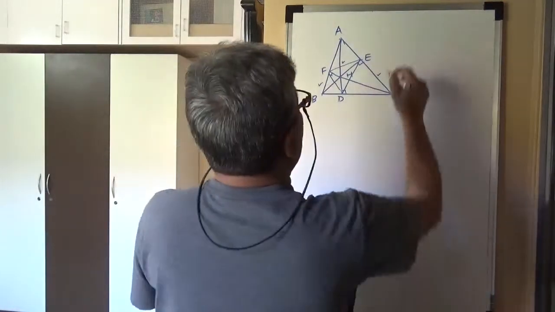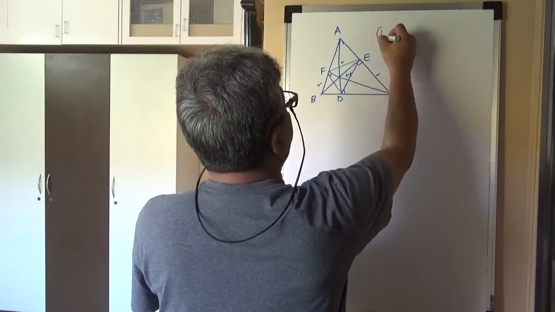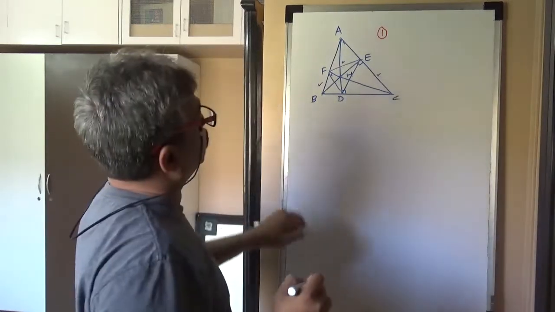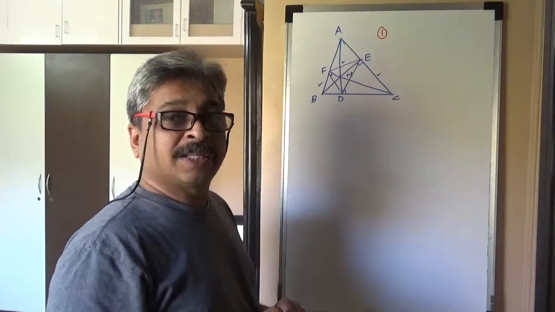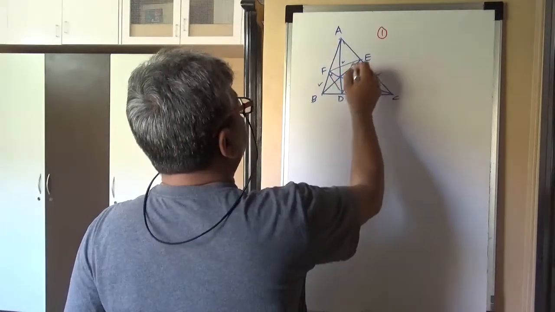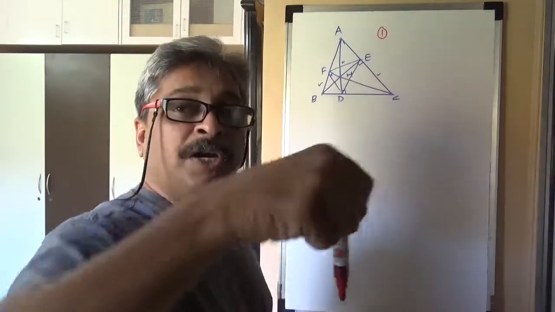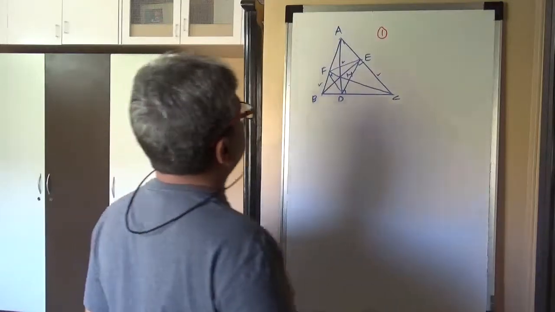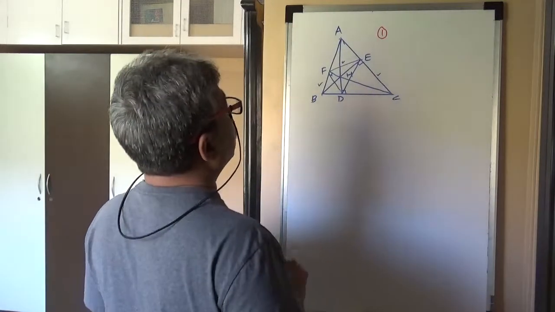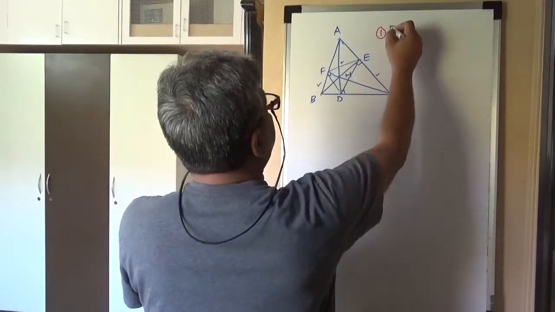So how many cyclic quadrilaterals are there in this figure? That is my first question. There are 3 angles which are 90, which are altitudes with the side of the triangle, and therefore there are a total of 6 cyclic quadrilaterals.